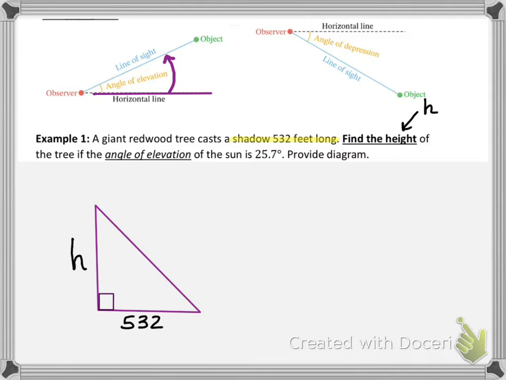That just means if you're standing right here, for example, there's a sun possibly over here shining off to the tree, and you're gazing upwards. Originally your line of sight was this right here, you're looking forward that way, and then all of a sudden your line of sight looked up. That's what's happening. So the angle of elevation goes from here to here, and that is going to be 25.7 degrees.